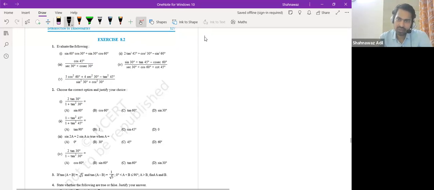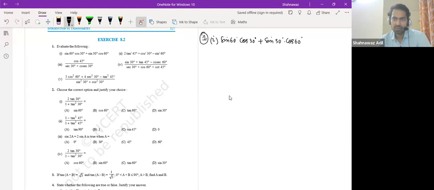Okay, so the first question: sine 60 cos 30 plus sine 30 into cos 60. You guys have not remembered the table, you just learned it, so let me write the values.